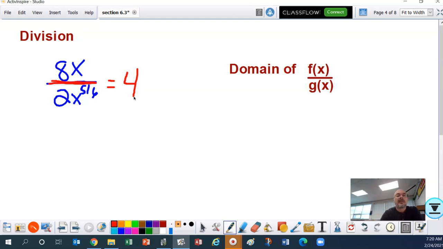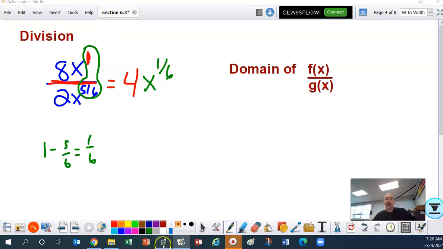And now the exponent here is a 1. Now remember, what we do with exponents here is we subtract. If you take 1 minus the 5/6, hopefully you don't need a calculator for that one. That's going to be 1/6. So this is going to be 4x to the 1/6 power.